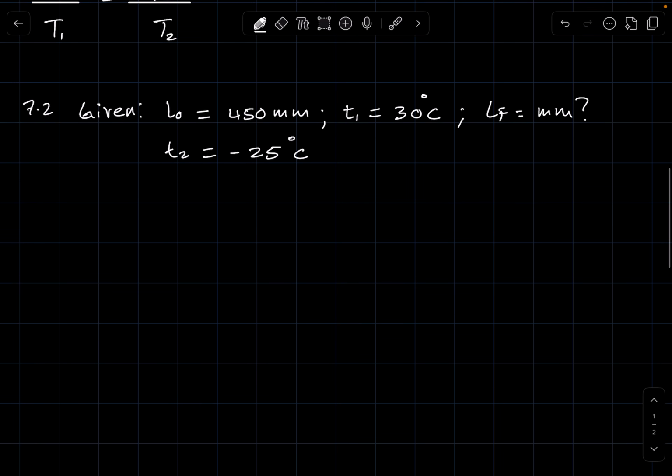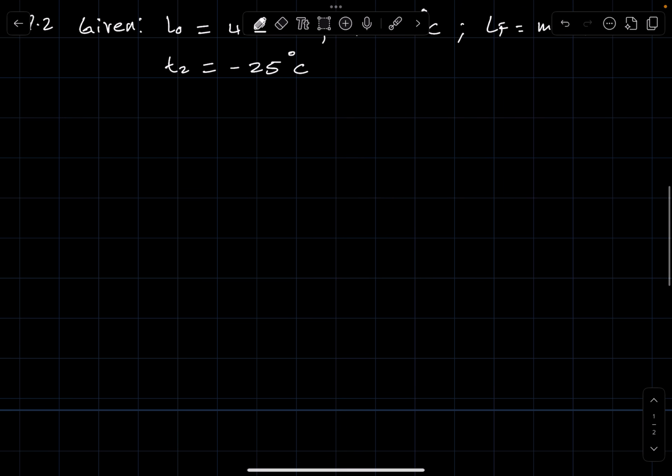Now as far as linear expansion, we know we get the change in length. The change in length is equal to the linear coefficient of expansion times the original length times the change in temperature.